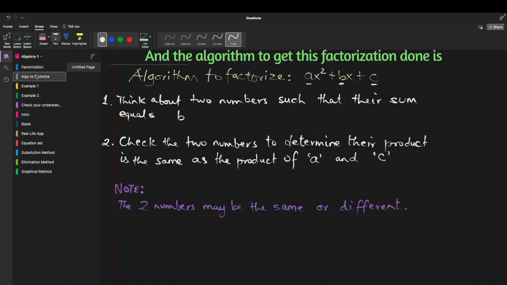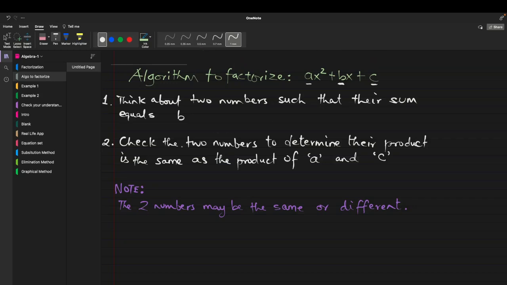And the algorithm to get this factorization done is that number one, you will think about two numbers such that their sum is equal to b. B is the coefficient of x in this trinomial. Secondly, you check these two numbers to determine that their product is the same as the product of a and c.